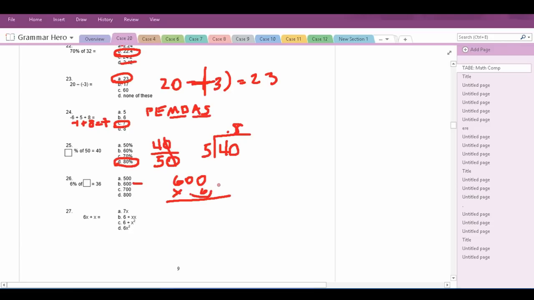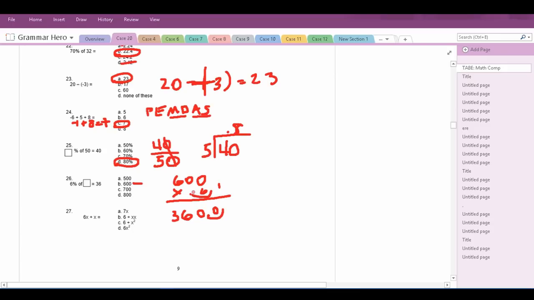Again, I'm going to move this over 1 and then I'll add it back in later. We got 0. 6 times 0 is 0. 6 times 0 is 0. 6 times 6 is 36. Okay, 1 decimal place.